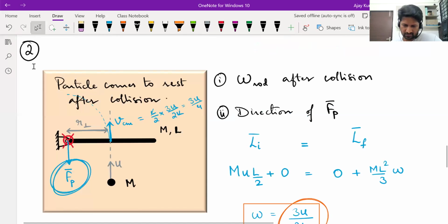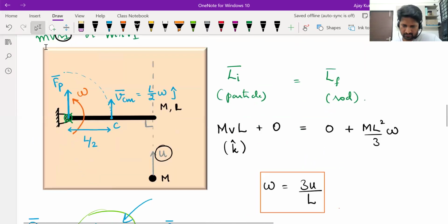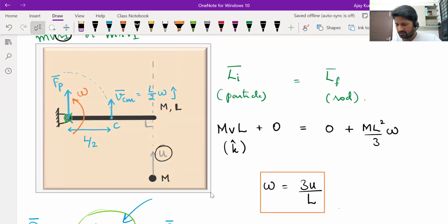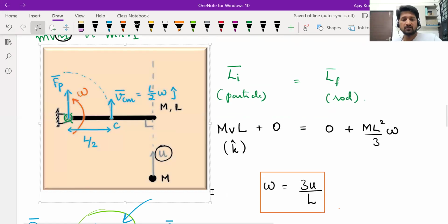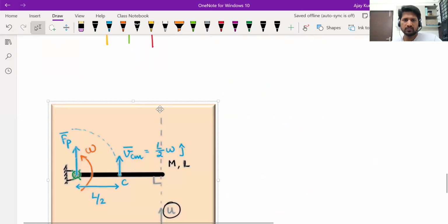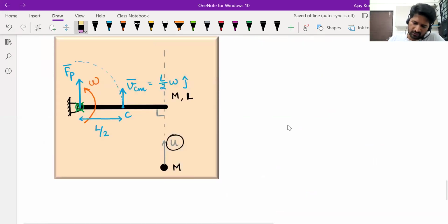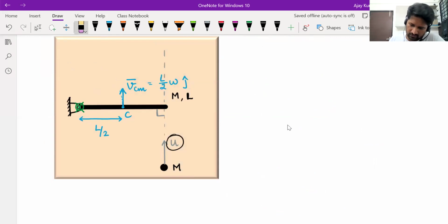I'll copy the diagram, just a moment. The question now is to find where the rod should be hit by the particle such that the pivot does not exert any impulse at all, like during the collision, it does not exert any impulse. That is what we want. You all can start solving if you want.